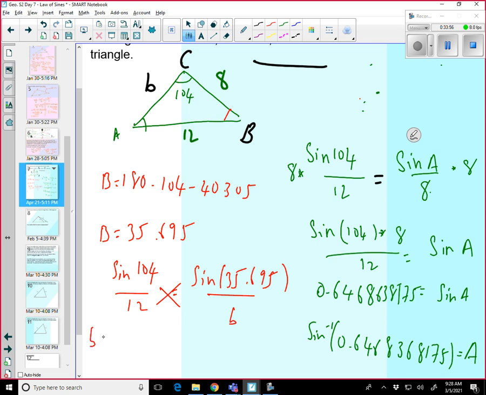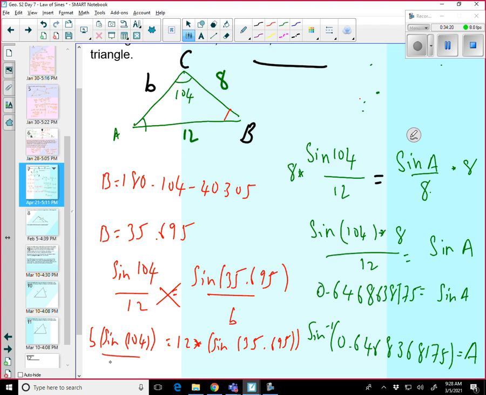You'll have b times sine 104 equals 12 times sine 35.695.